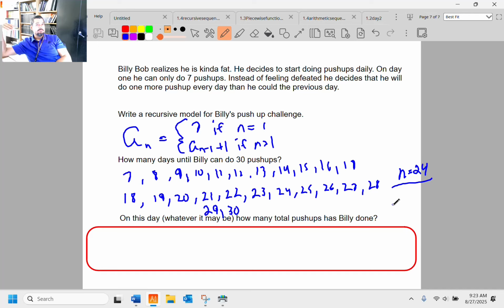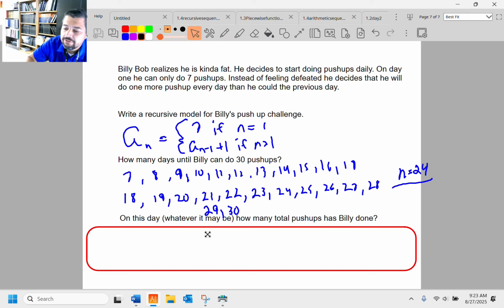So, Billy's doing wonderful. I promise you, he's doing great, especially since he's kind of fat. Big difference between a skinny person doing a push-up and a big boy doing a push-up. Big boy working harder. Big boy pushing up more. Big boy stronger. Anywho, there's just a little rant. I'm pro Billy. You get in shape, Billy.